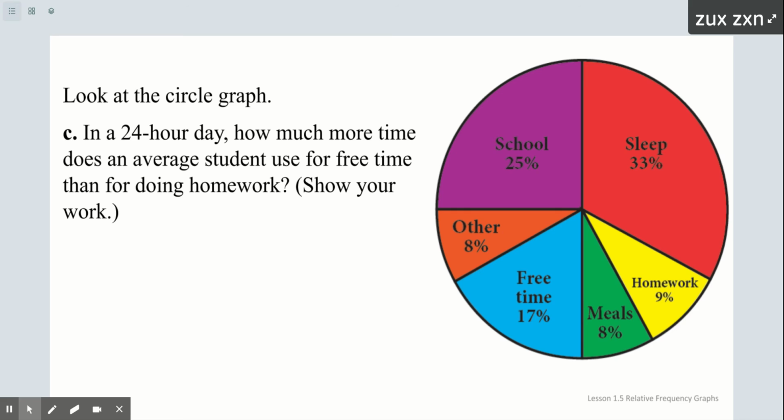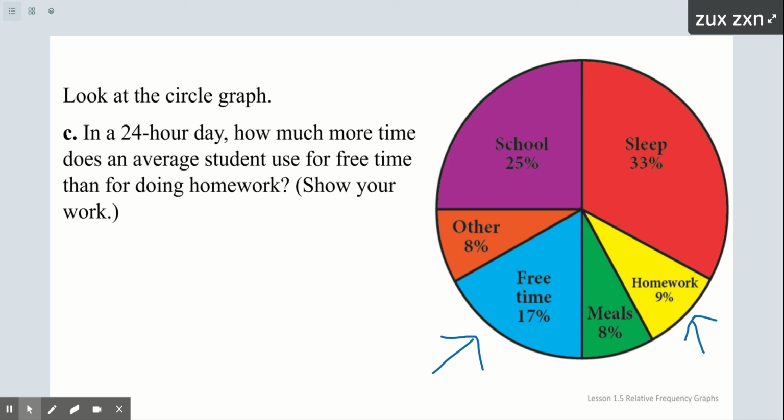Okay. In a 24-hour day, how much more time does an average student use for free time than for doing homework? So I know that homework is 9% and free time is 17%.